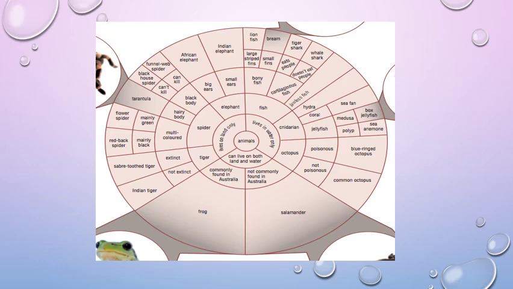Now the other option of animals is lives in water only. If the animal lives in water only, then obviously it can be a fish, it can be a cnidarian, or it can be an octopus. Now see in front of the fish, we have three possible categories: bony fish, cartilaginous fish, and jawless fish.